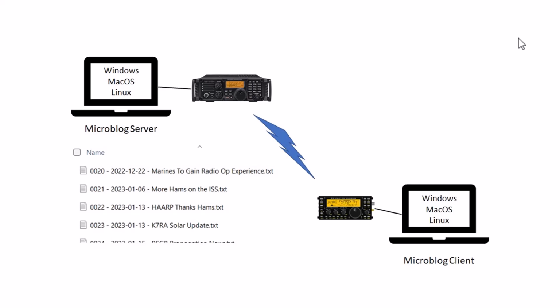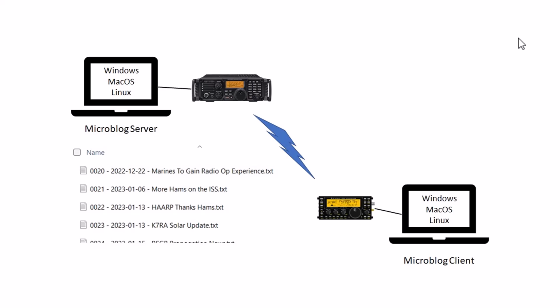On the other end, we can either access this directly using JS8Call, or we can use JS8Call plus a microblog client. And there are some distinct advantages with using the client as well, which we'll see in a second. Okay, so that's the setup.